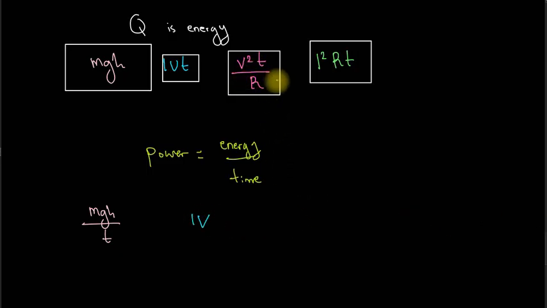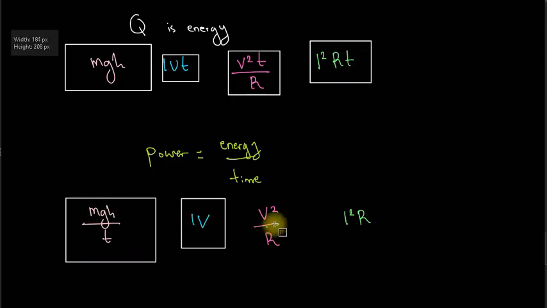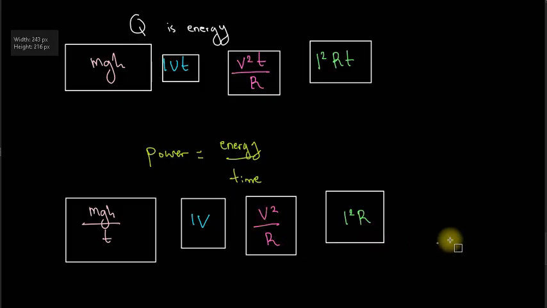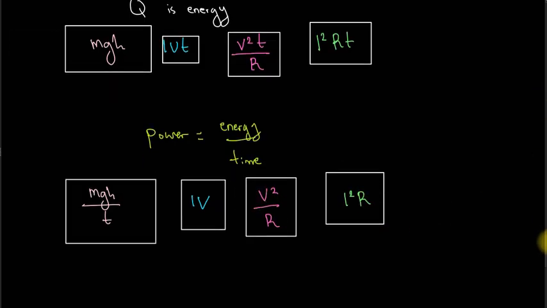Then we can also have V squared T over R all over time. Time cancels out, so another formula for power is V squared over R. Another formula for power is I squared R. So take note of this, though we're still going to revisit it when we do electricity. But these are formulas you should take note of.